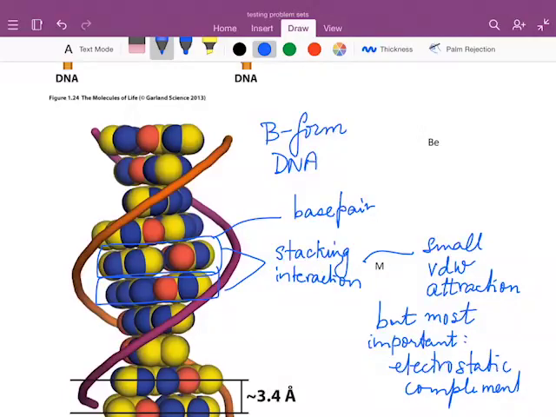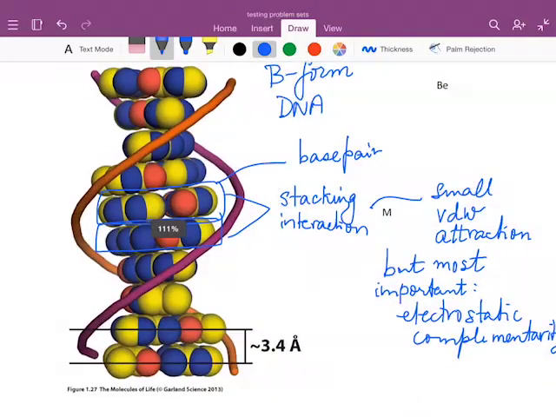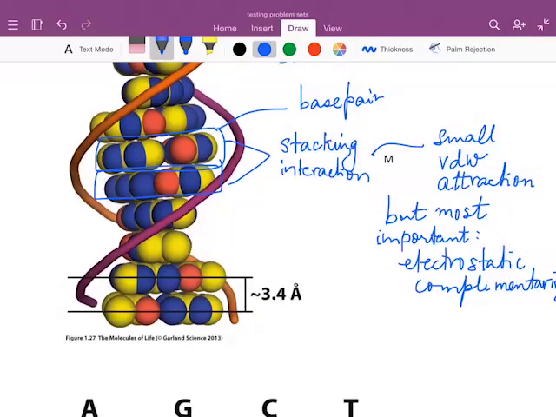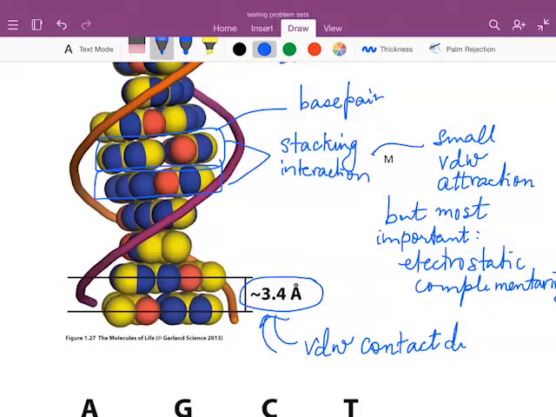But before I do that, let me just say that the van der Waals interaction between atoms has a very important consequence, which is that the spacing between adjacent base pairs is ultimately determined by the van der Waals contact distance. That's the closest approach between carbon, nitrogen, and oxygen atoms, beyond which the van der Waals repulsive term kicks in and the energy goes up very sharply.